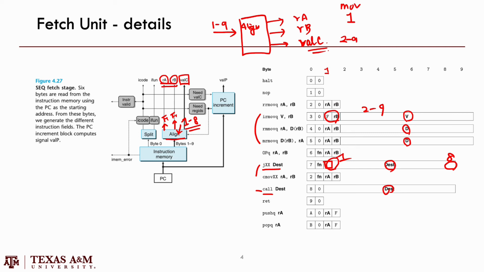But for jump instructions and call instructions, we put just the constant values F and F to rA and rB, and then we put the bytes from 1 to 8 of the instruction to valC.